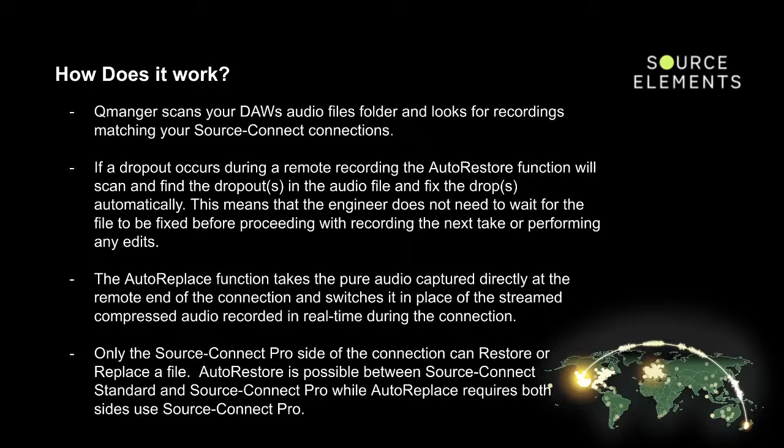So this means that the engineer doesn't need to wait for the files to be fixed before they proceed with the next take or doing any edits on those existing takes. The Auto Replace function takes the pure audio captured directly at the remote end of the connection, and it switches it in place of the streamed compressed audio recorded in real time during the connection, because Source Connect streams compressed audio in order to get it through the internet.